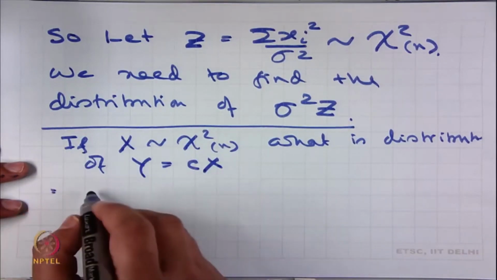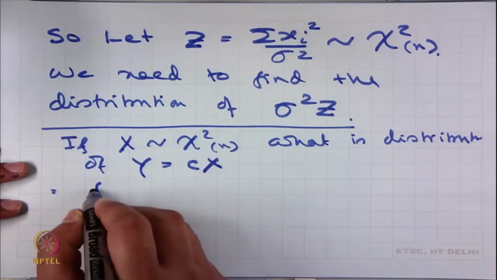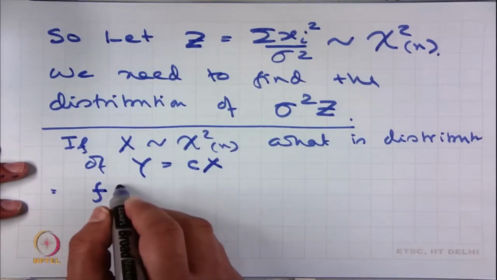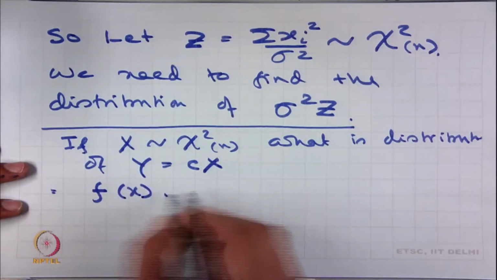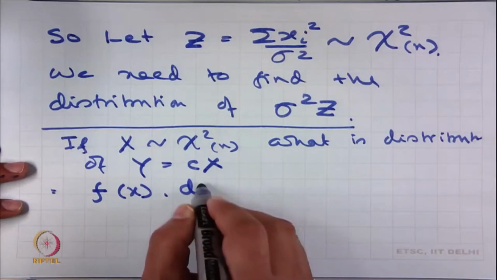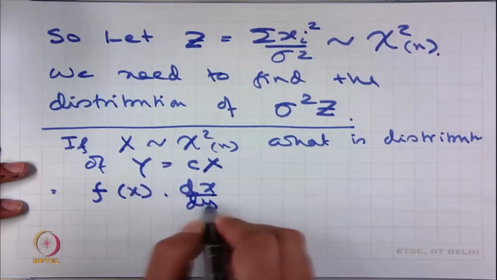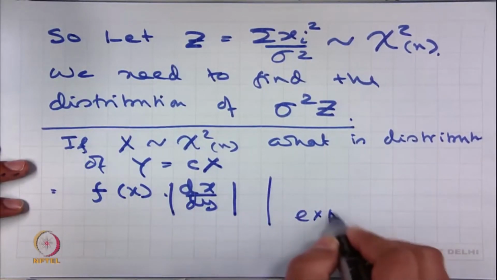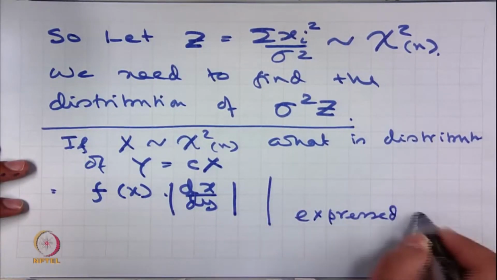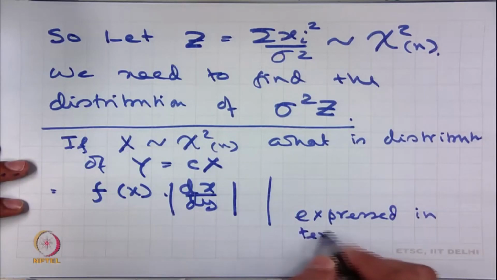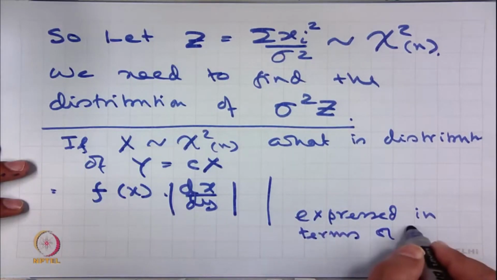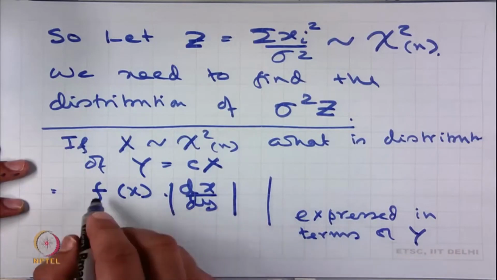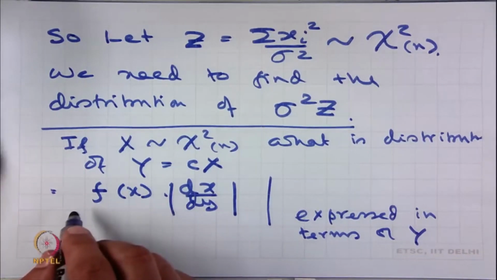We know that this is equal to f at x multiplied by mod dx dy expressed in terms of y. So, this we have seen when we were working on functions of random variables.